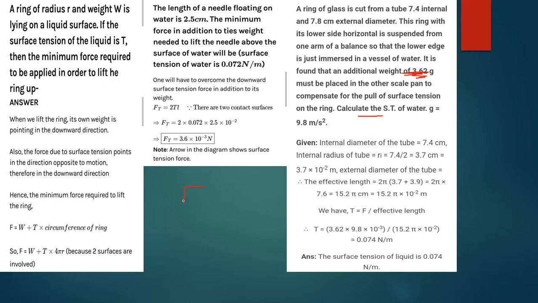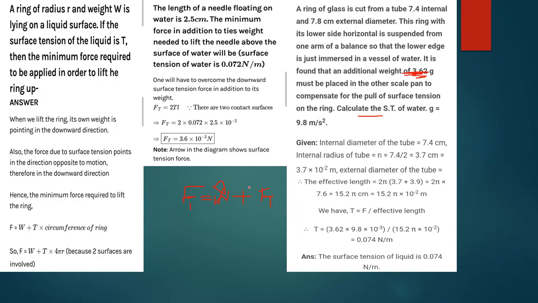So we know kwamba lift force ni sawa na weight plus the force due to surface tension, okay. So basically kwa cases kama hizi ambazo haupewi weight ya, kwa mfano hapa haujapewa weight ya hii glass ring, so you can neglect it.